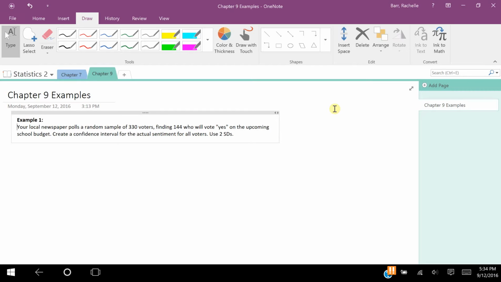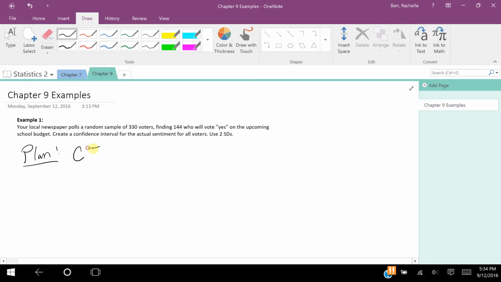So in our sample, we should start our solution by making a plan. So my plan is going to be, hey, I want to come up with the interval. I want a confidence interval for 95% of all voters.